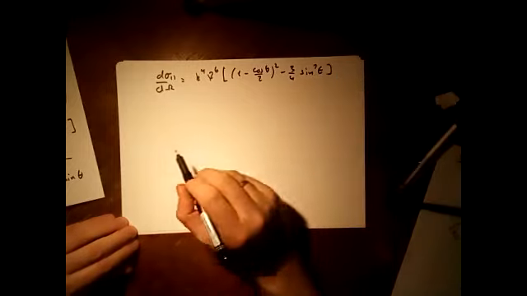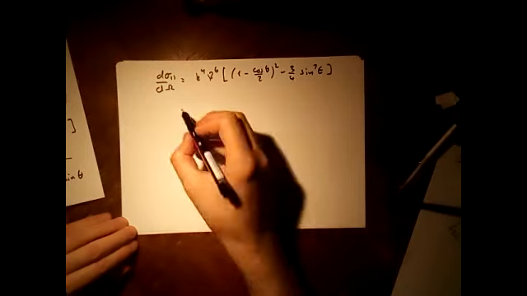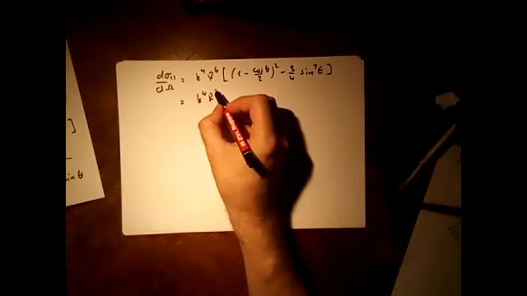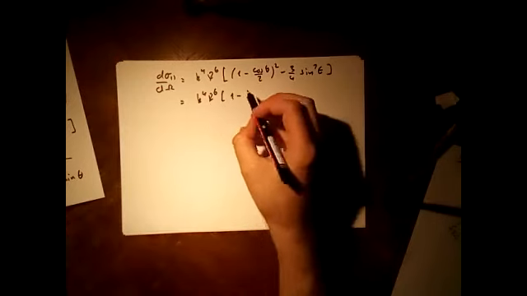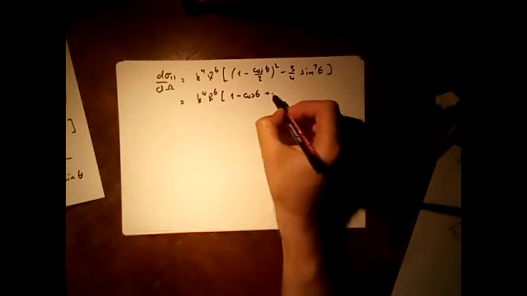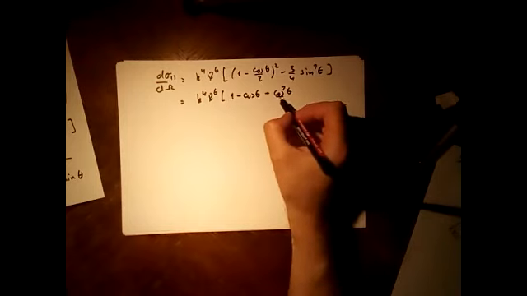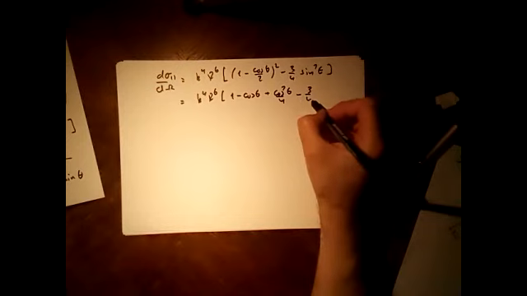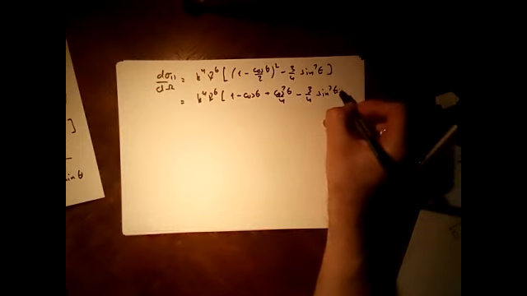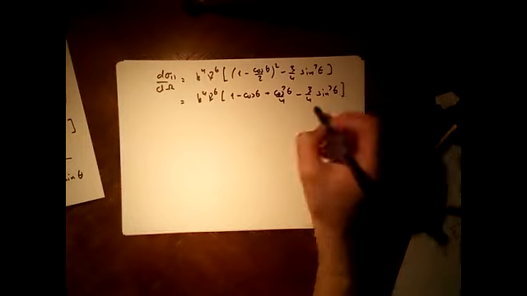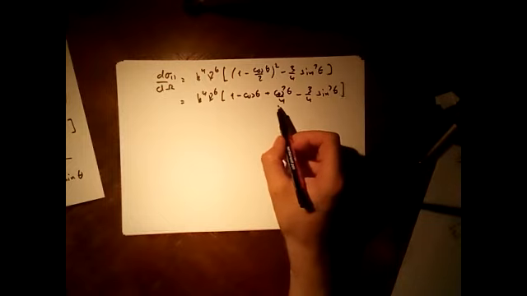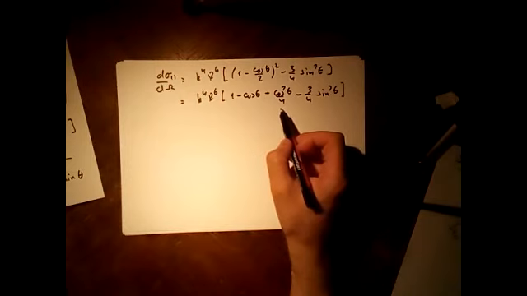Then you can turn this into a simpler form, k to the fourth times (1 minus cosine theta plus cosine squared theta)/4 minus 3/4 sine squared theta. And we can add 3/4 cosine squared theta and subtract 3/4 cosine squared theta to this.